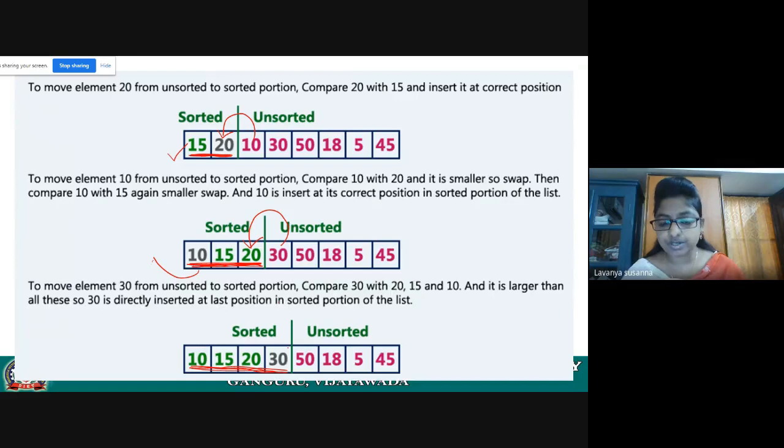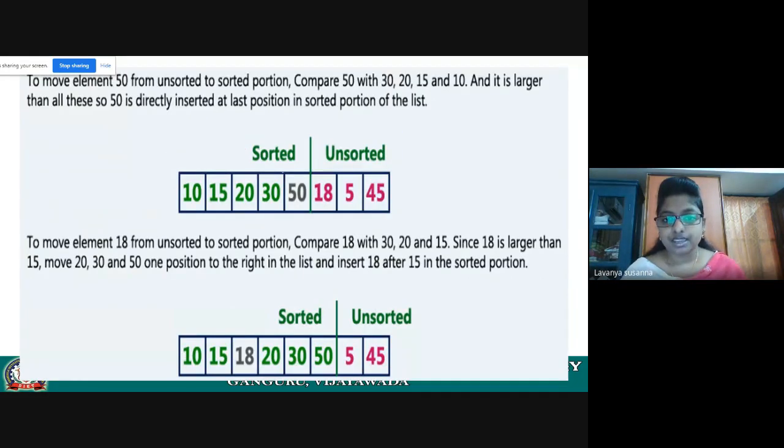Next, take the element 50 from the unsorted list and insert 50 into the sorted list. After inserting, arrange the elements in ascending order: 10, 15, 20, 30.